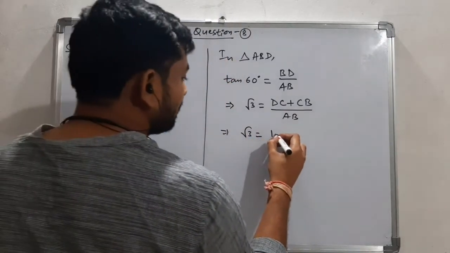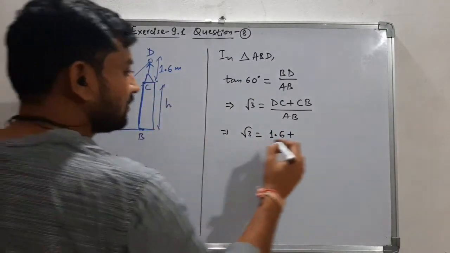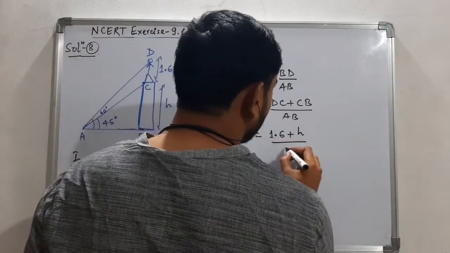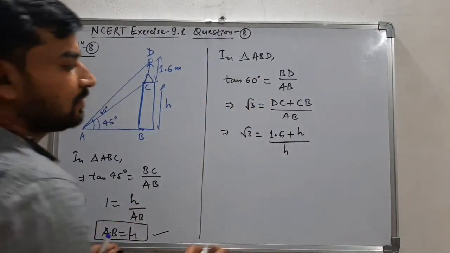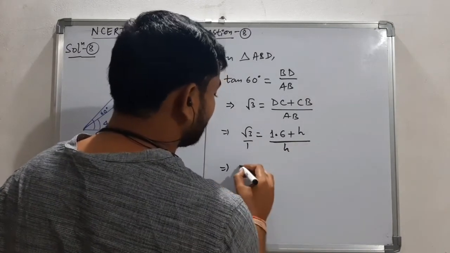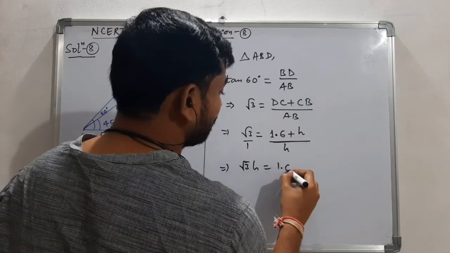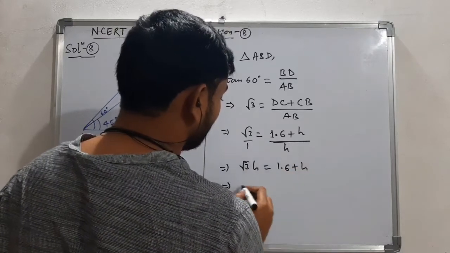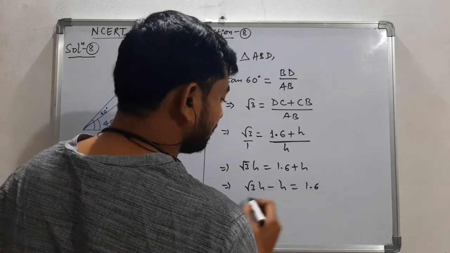DC is 1.6, that is the height of the statue, and CB is nothing but H, which we want to calculate, and AB is also H from the first part. So here we can cross multiply, so we write root 3 H is equal to 1.6 plus H, and here root 3 H minus H is equal to 1.6.